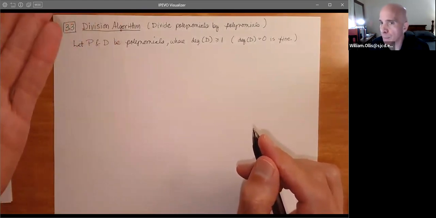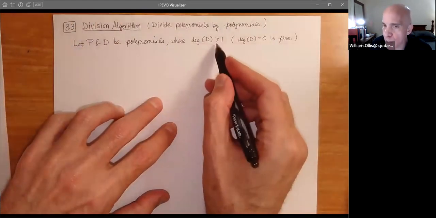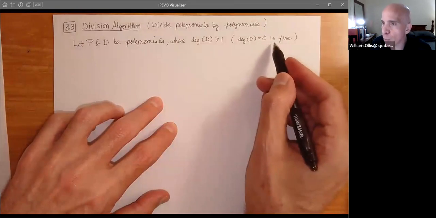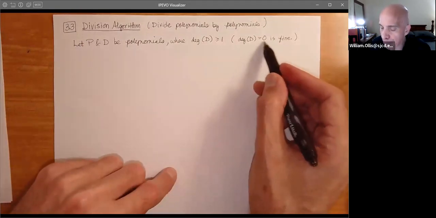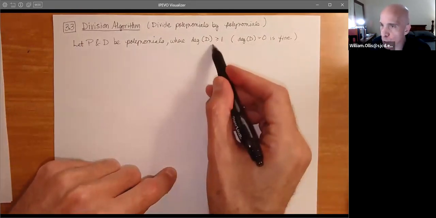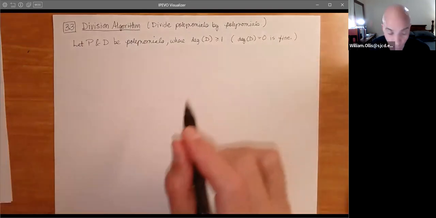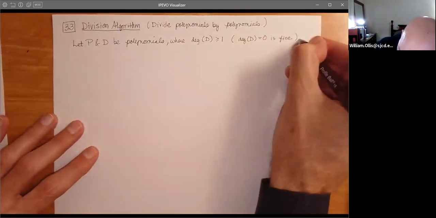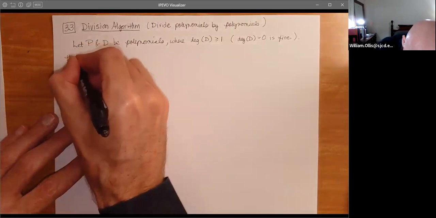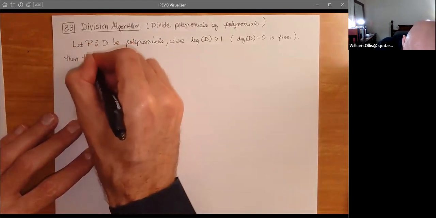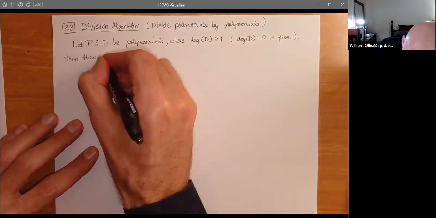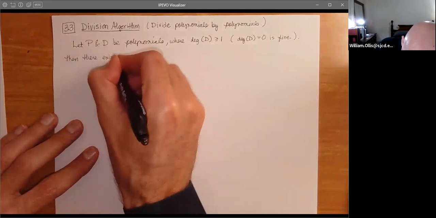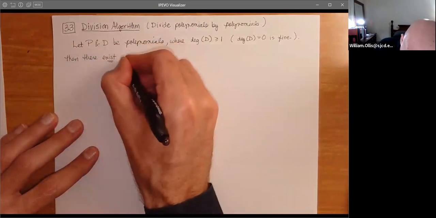No big deal. It's still a polynomial, but we'll just focus here. If you read it in another book and they don't make this restriction, then it doesn't weaken anything. Then there exist unique polynomials.